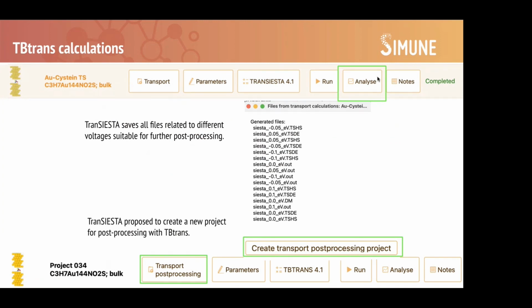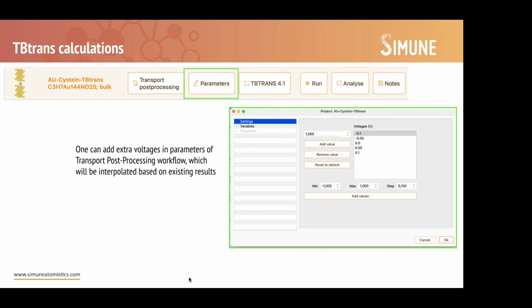So if you press analyze, it shows that this sequence of files has been created. These are raw files used by TBtrans for post-analysis. So ASAP invites you to create another project, transport post-processing. If you click on this button, a new transport post-processing project is created.